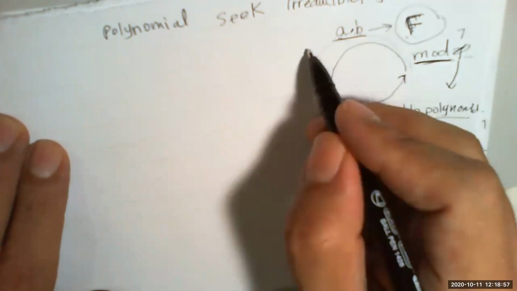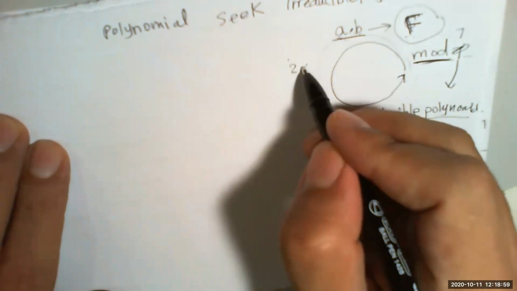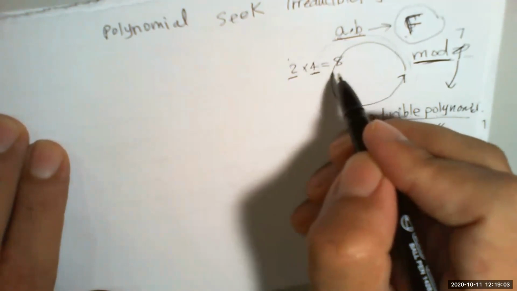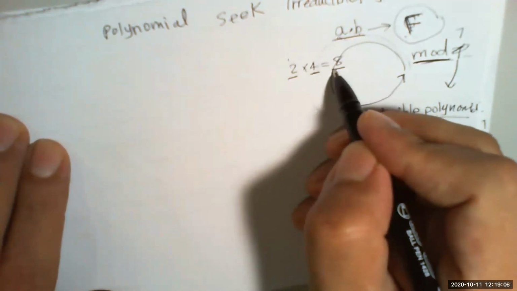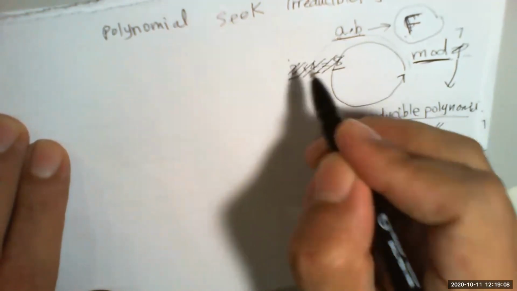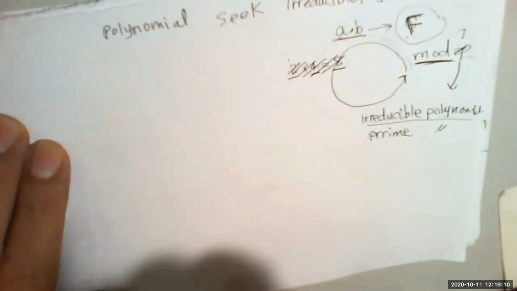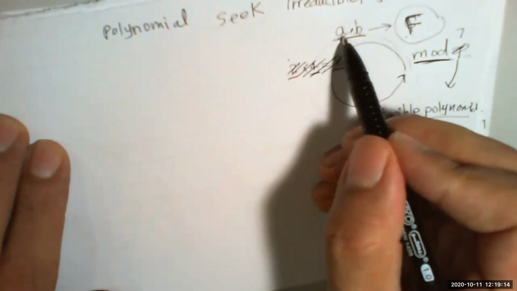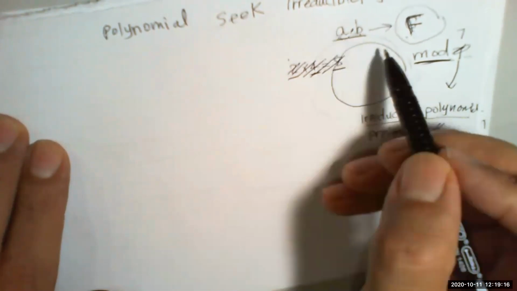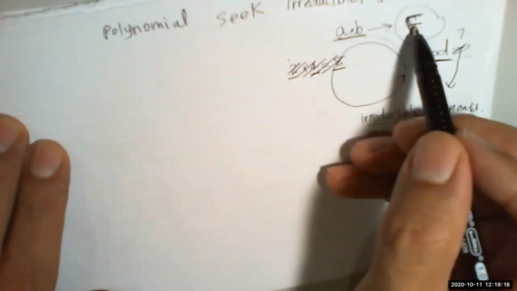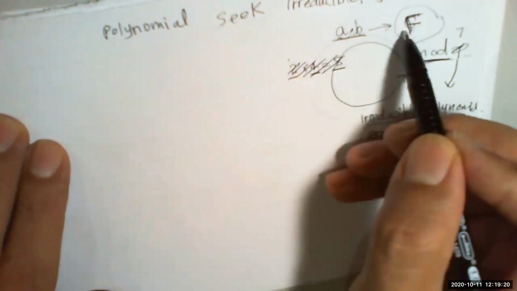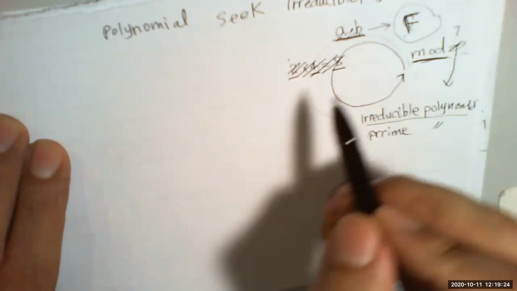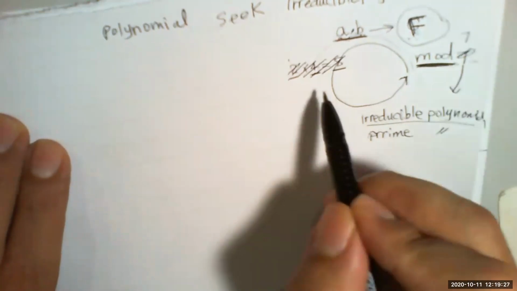For example, in integers, if I multiply 2 by 4, this will give us 8. 2 is an integer, 4 is an integer, 8 is also an integer. This is for integer numbers, just an example. We do the same here. We want to have A and B. If I do operations on them, it will give us another number that is also in F. If A in F and B in F, the result of this operation should be in F. To do that, we have to make a mod operation to cycle.